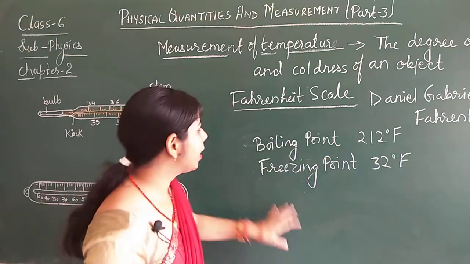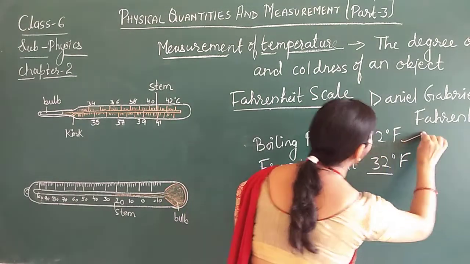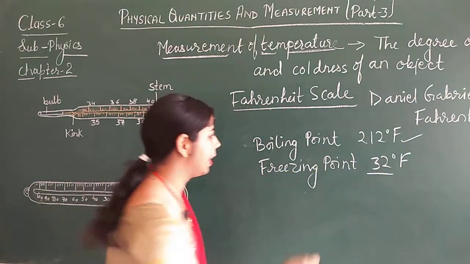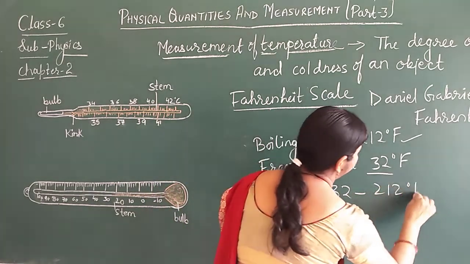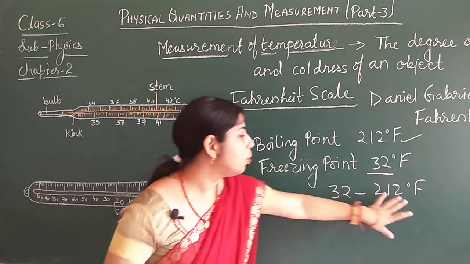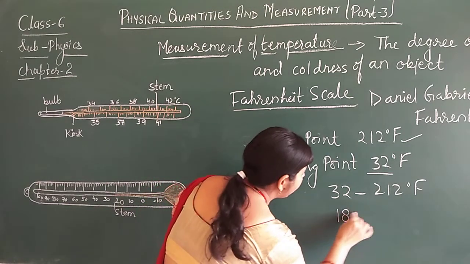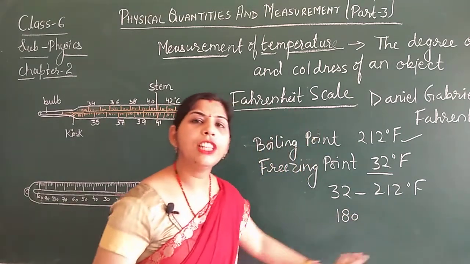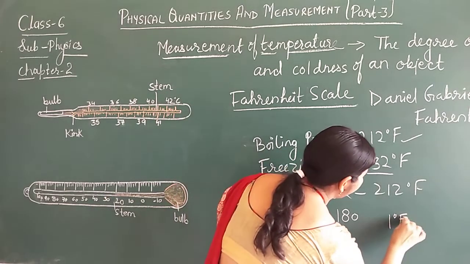That means the marking given on the Fahrenheit scale is from 32 to 212 degree Fahrenheit. Between 32 and 212 degree Fahrenheit, 180 markings are there, and each marking is denoted by 1 degree Fahrenheit.